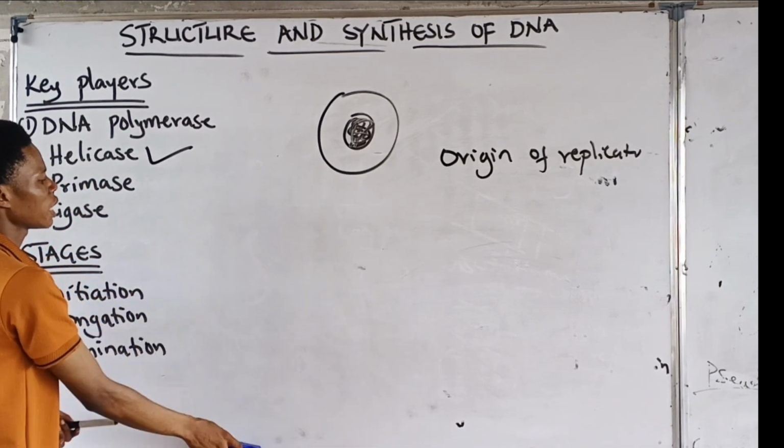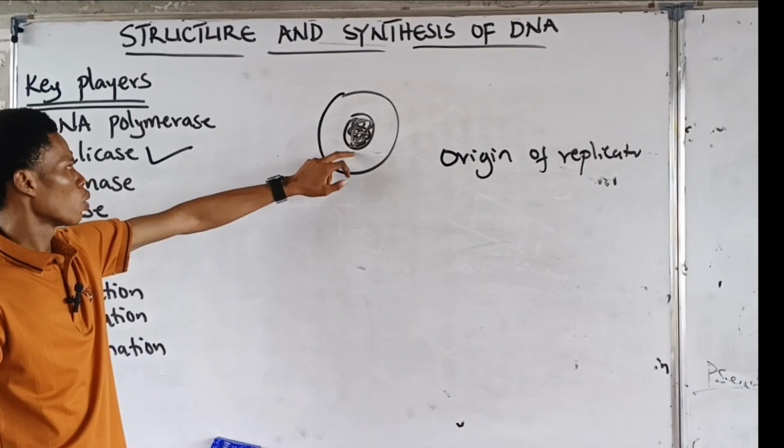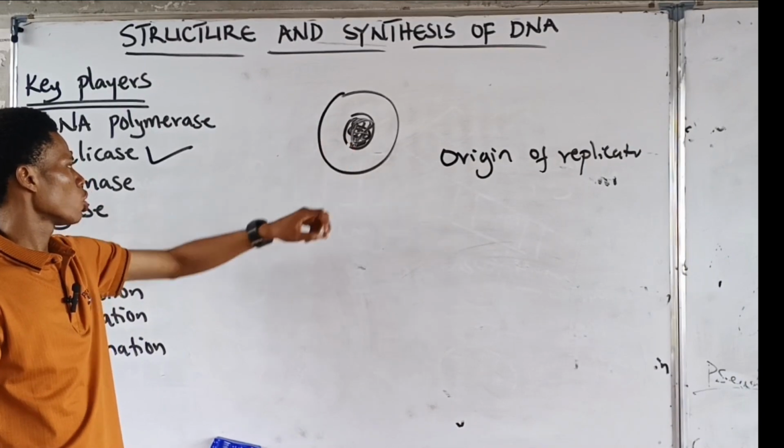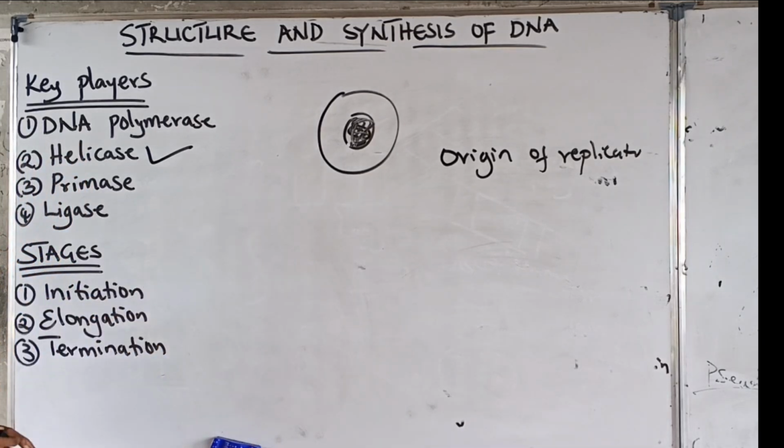So DNA synthesis will be brought to an end. There will be a stop signal to stop that replication process. So basically, we can summarize everything into initiation, elongation, and termination. Termination is the ending of it.